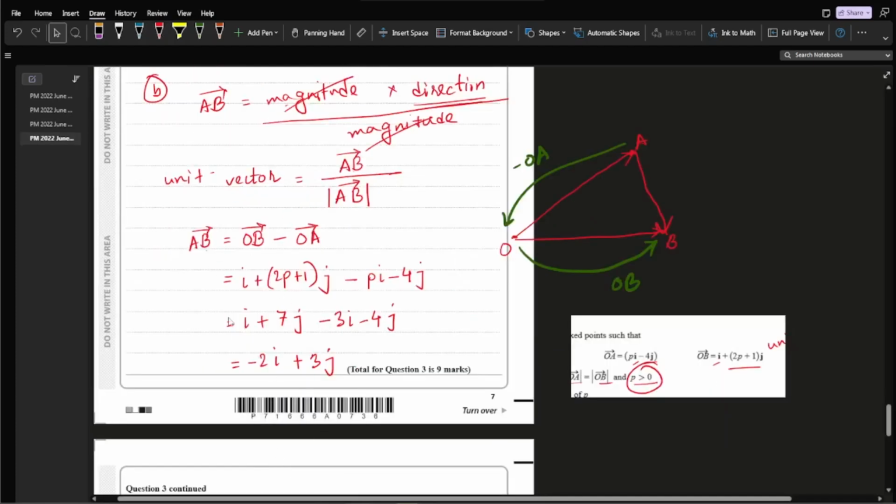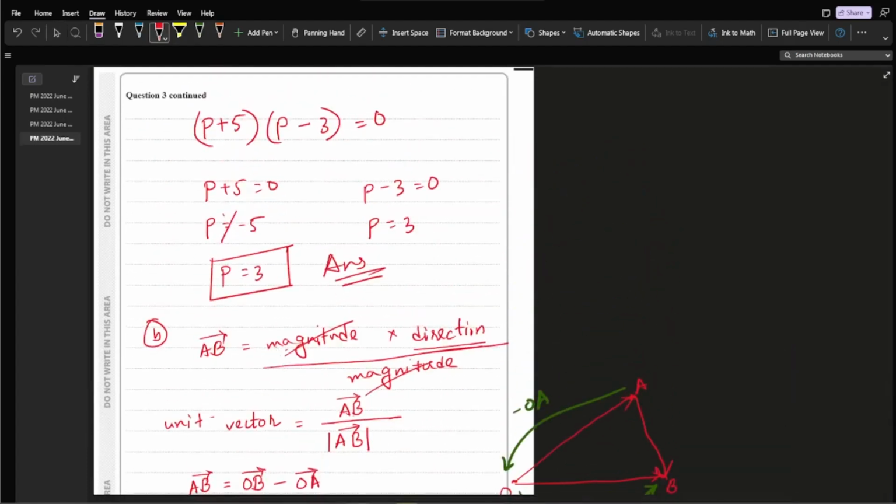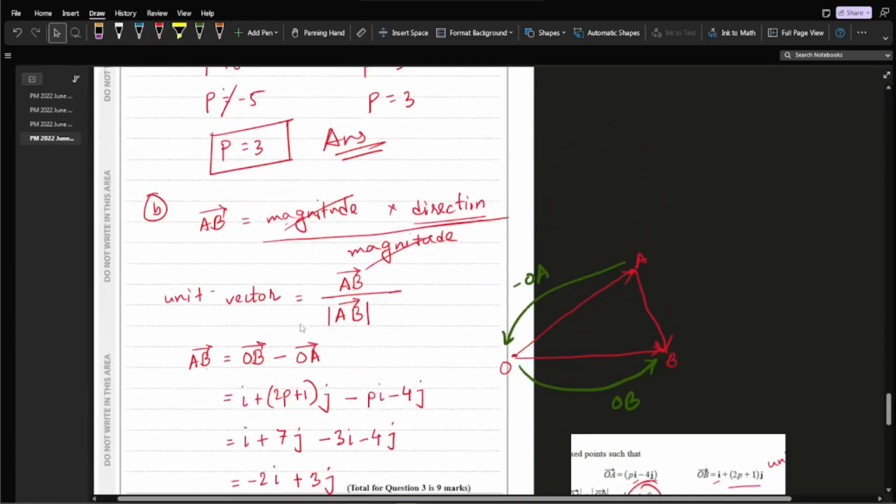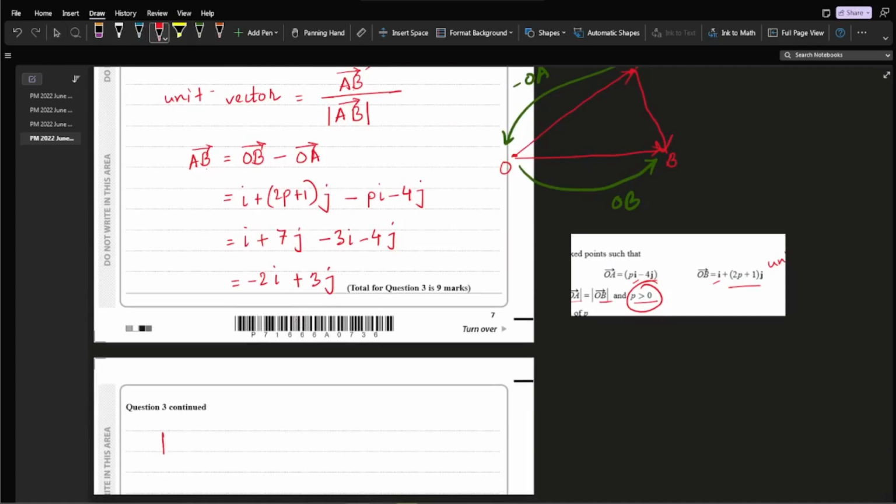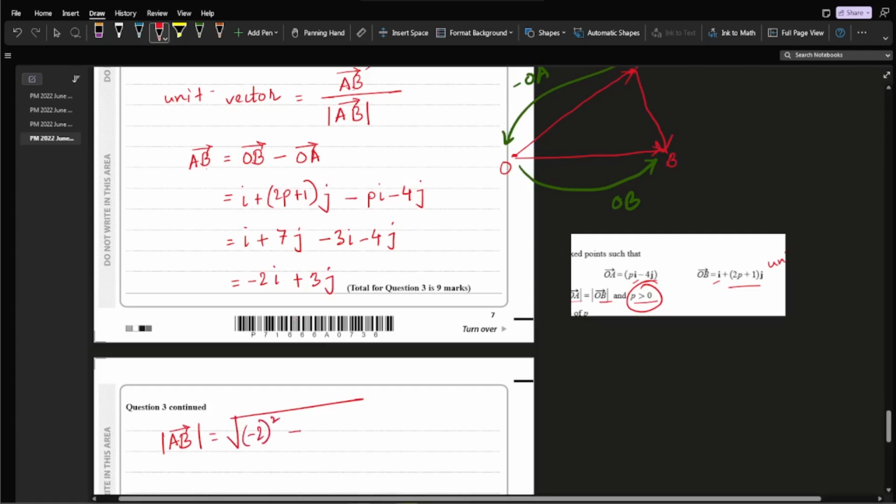Now that we have AB, we need the magnitude of AB. So the magnitude of AB is equal to the square root of the coefficient of the first unit vector squared plus the coefficient of the second unit vector squared. So we are left with 4 plus 9, that is square root of 13.